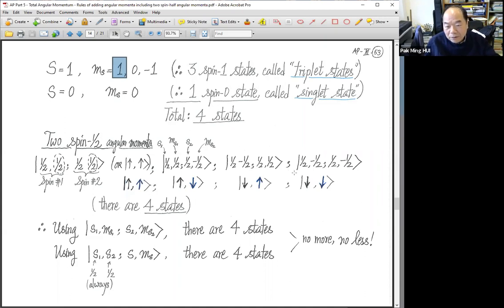Similarly, down, down, it must be this possibility. So thereby, the only thing left is what happened to these 2 states. We now know these 2 states must correspond in some way to this state, s equals 1, and this state, s equals 0.